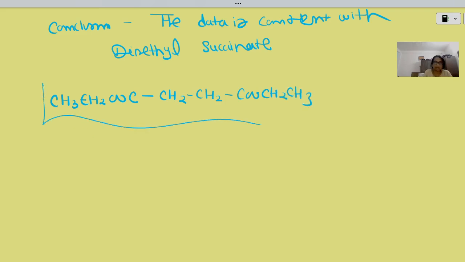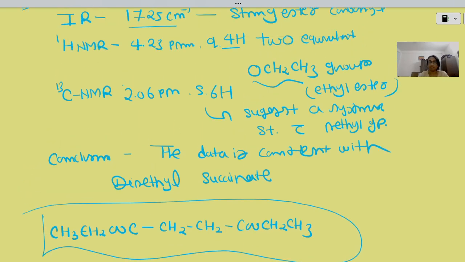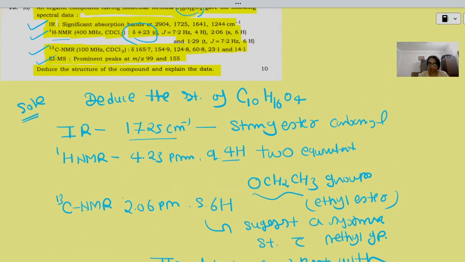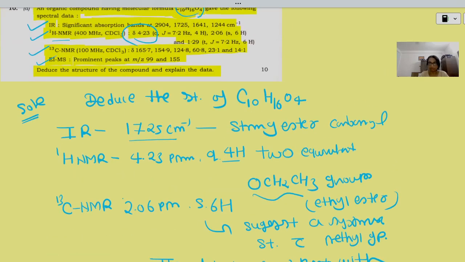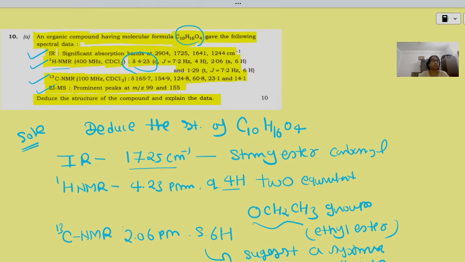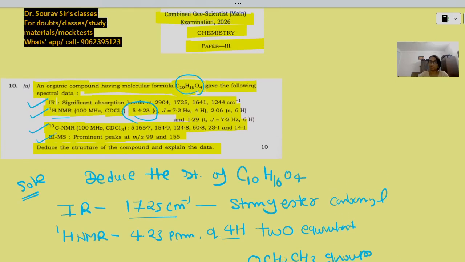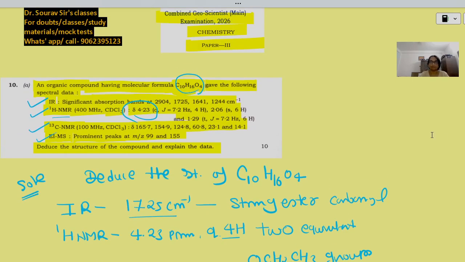That is the structure of our compound. You can find, on the basis of the absorption range, which type of group absorbs in which range, easily with the help of a table.